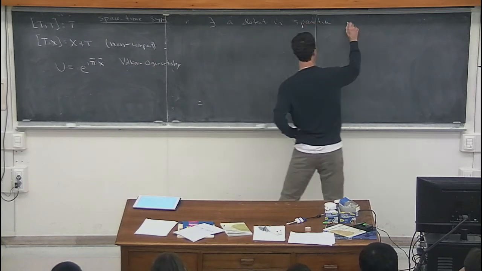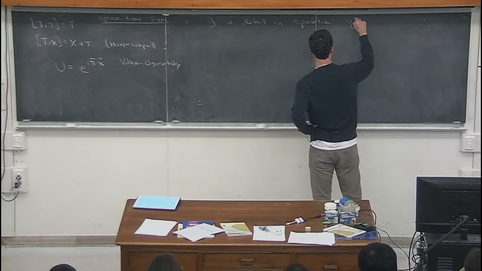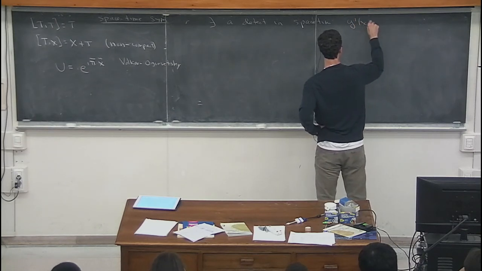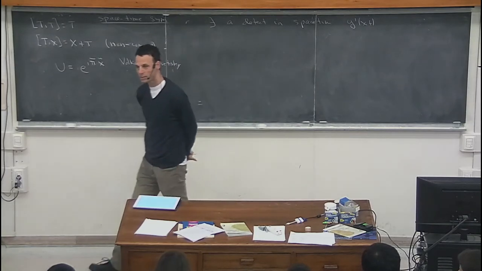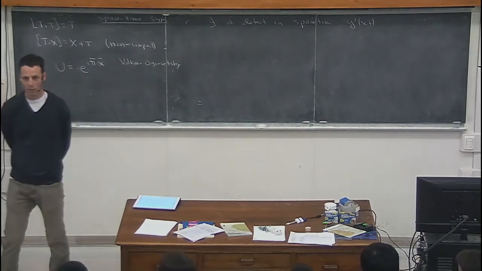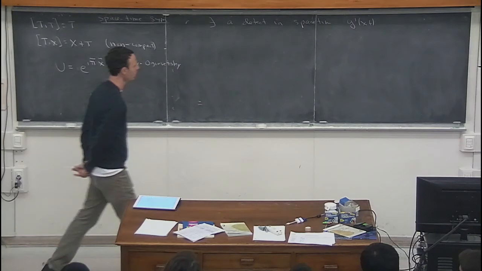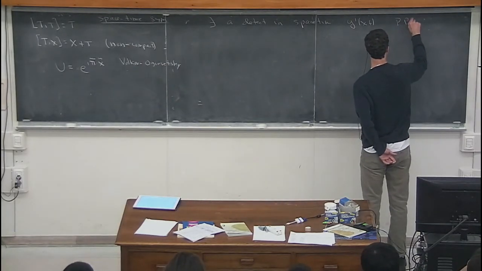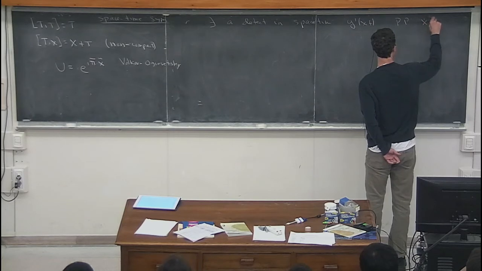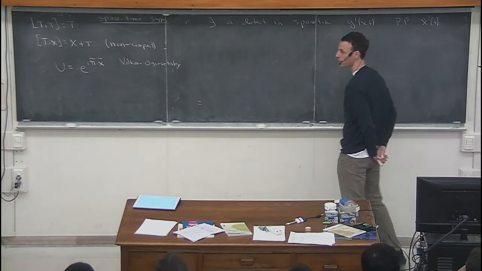So we'll give it some coordinates. We'll call it y^i of x and t, right? So y^i of x and t tell you where the defect is. For a point particle, it would just be x^i of t. Right, y^i of t.